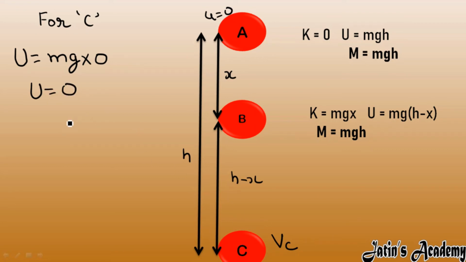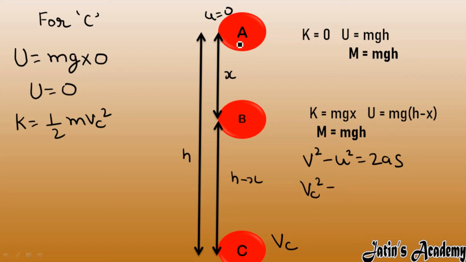Now let's calculate the kinetic energy. Kinetic energy at point C is half m vC square. The velocity at C we again calculate using the third equation of motion, v square minus u square equals 2as. For example, from A to C: the final velocity is vC, the initial velocity at A is 0, and the acceleration is due to gravity.